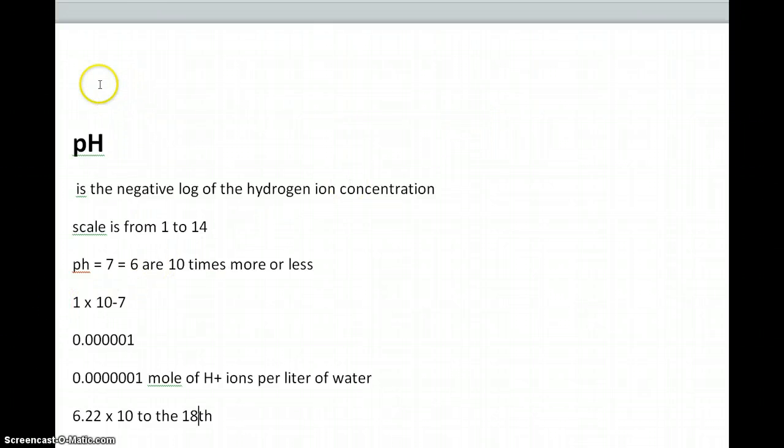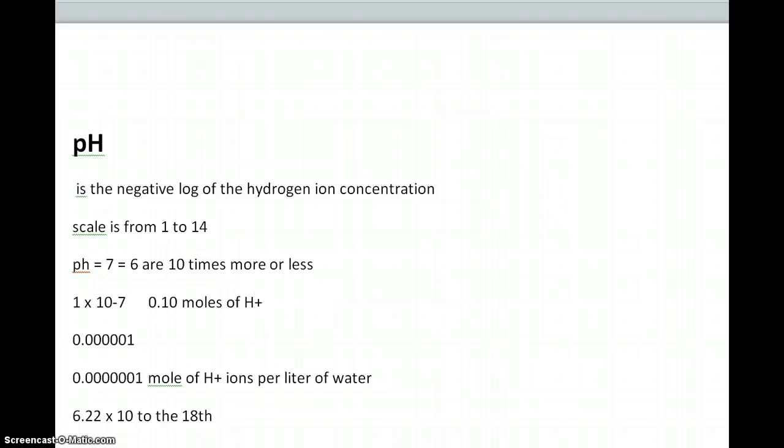So what's a pH of 1? 1 times 10 to the minus 1. That's 0.1 moles of hydrogen ions.